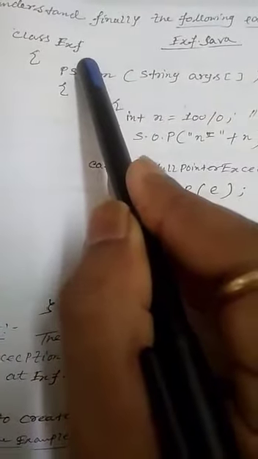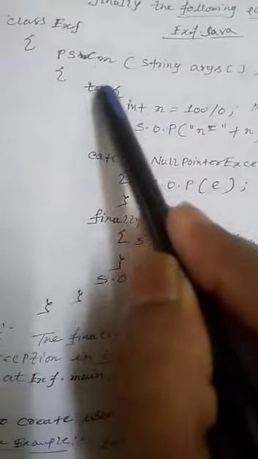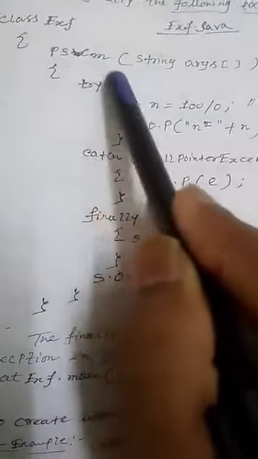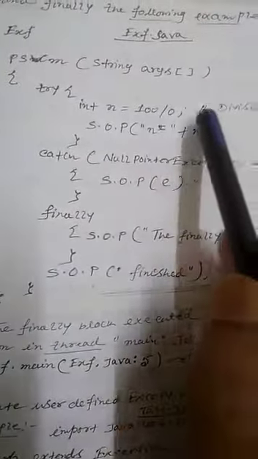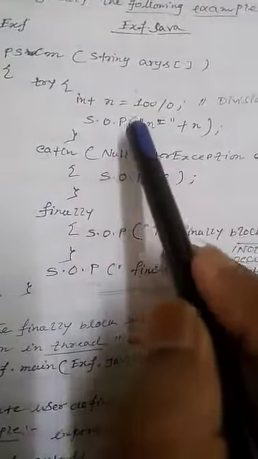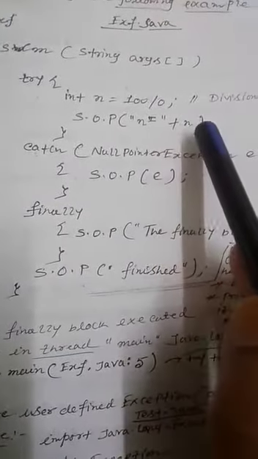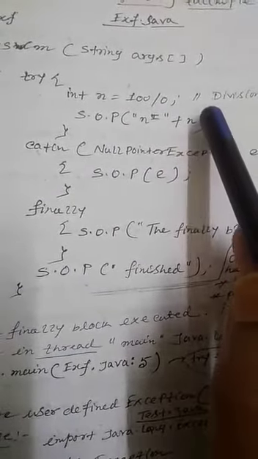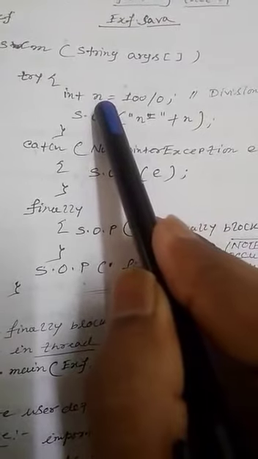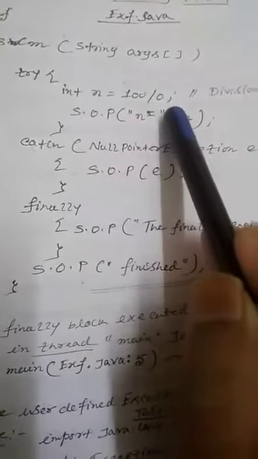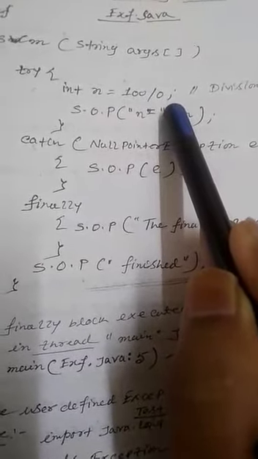Class ExampleF, that contains the main method, public static void main, try is there. Try is used for the exception object creation. Here we are trying to find out the value of n, but we can very easily see that it is a division by 0 error, a logical error.